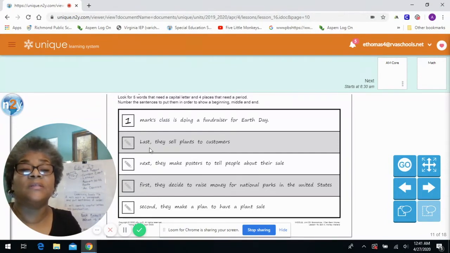Let's read. Let's see. What will be number 2? Last, the sale. Last, they sell the plants to customers. Next, they make posters to tell people about their sale. First, they decide to raise money for national parks in the United States. Second, they make a plan to have a plant sale. Okay, so what's number 2?